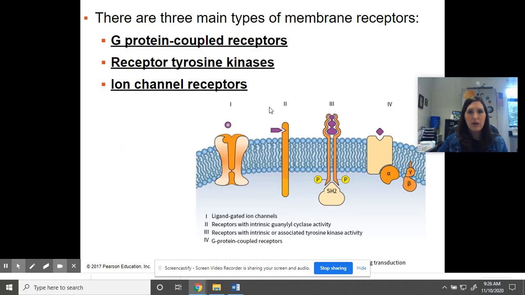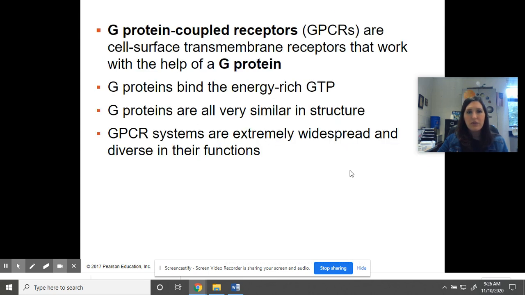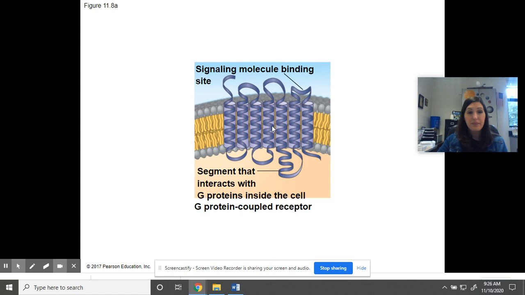Receptor protein, so that's what we're talking about in the cell membrane, a receptor protein. The G protein coupled receptors, the GPCR, are cell surface transmembrane receptors that work with the help of a G protein.